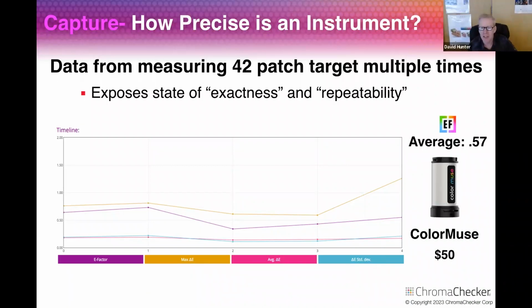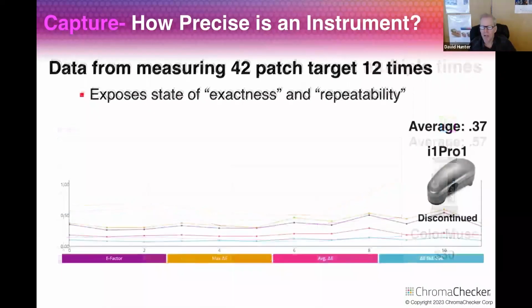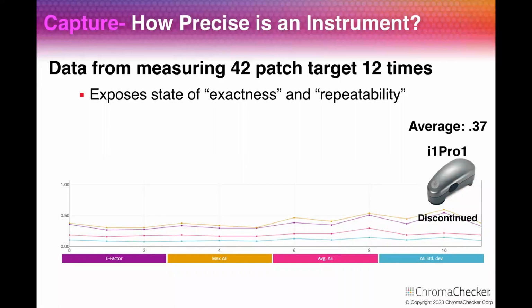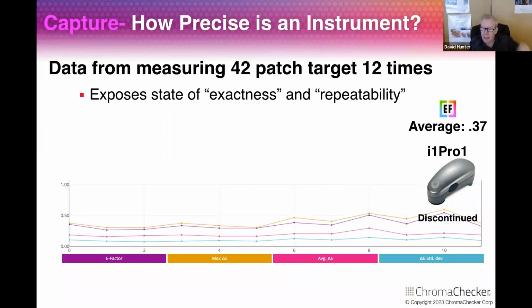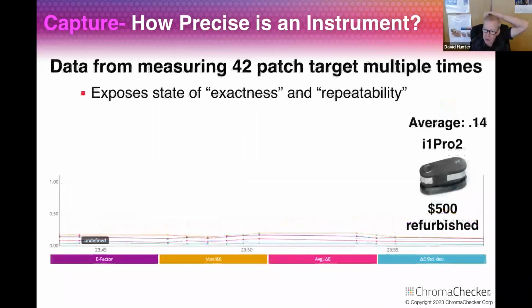Now, let's look at another instrument. So here's an i1 Pro 1, which was released in the early 2000s. And you can see it's better than the Color Muse that I just showed. But it's not the greatest. But hey, at the time, it was a phenomenal instrument. Now, here is another instrument, which is an i1 Pro 2.